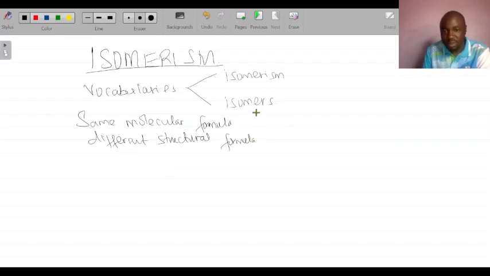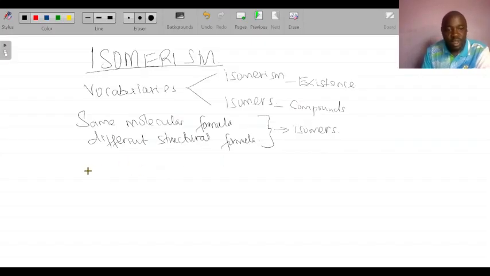All these compounds that exhibit these properties are what we now call isomers. So there are two terms: isomerism is the existence of compounds with the same molecular formula but different structural formula, and isomers are those compounds that have those properties.